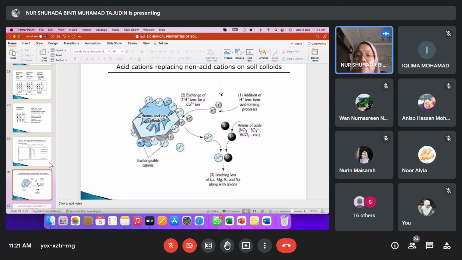That is because H+ has the smallest radius and the highest affinity to be absorbed by the soil. So bila H+ tu banyak, macam saya cakap tadi, pH kat rumah saya, tanah dia 2, the H+ are a lot, the H+ will sit at all the negative charges in the soil, and it will leach down the calcium and all the magnesium and all the cations downward, meaning that they will be lost from the soil environment.